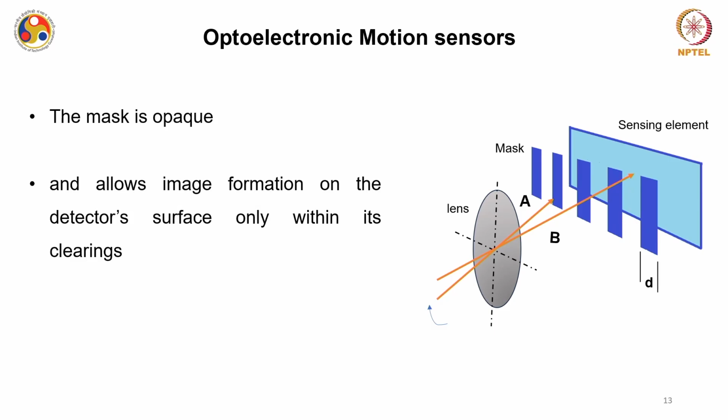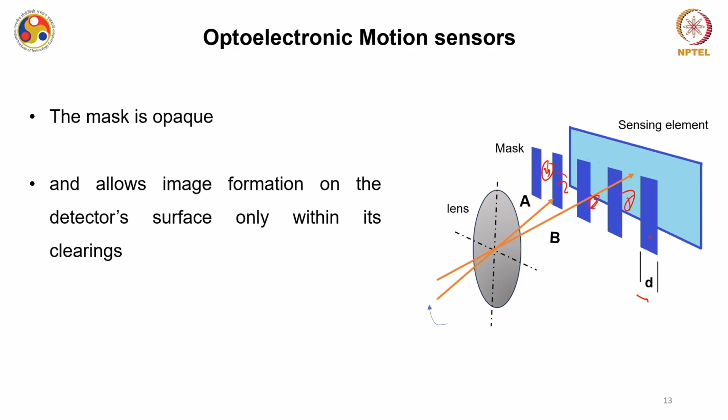So this mask is opaque in this width d, and allows image formation on the detector surface only within its clearings. So this is clearing 1, this is 2, 3 and 4. So these are 4 clearings in this particular mask. By this also you can have a larger field of view.